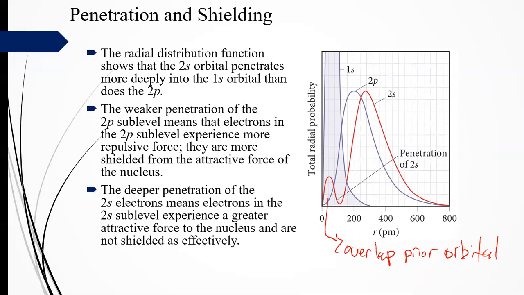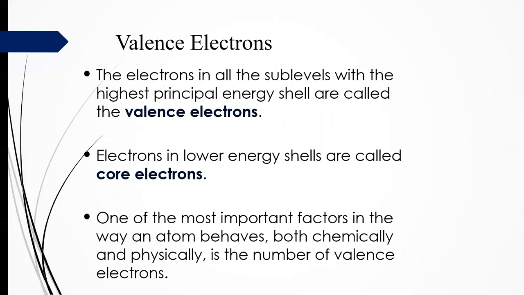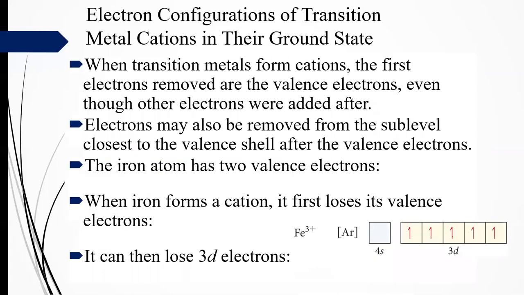Now, we already talked about our valence electrons and the core electrons, but we do want to clarify this for something like transition metals, because it can be a little bit confusing. So what I would like you to do is go ahead and write out your electron configuration for iron. All right, what is the electron configuration for iron?